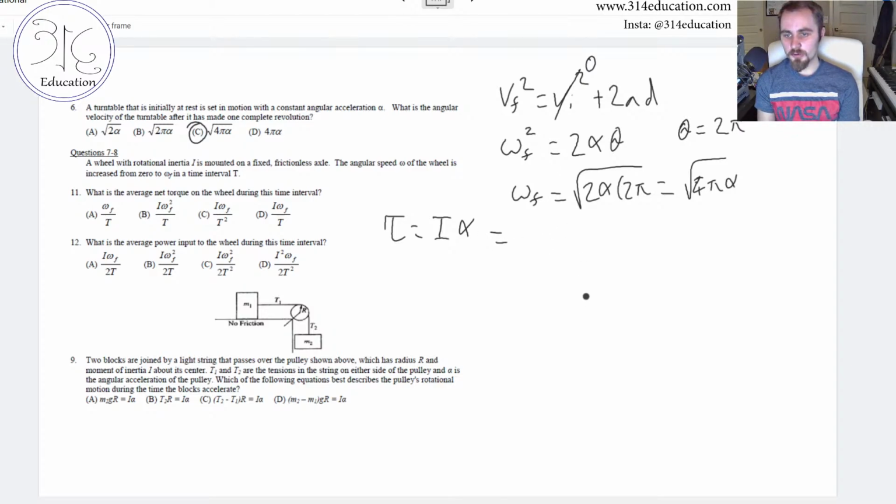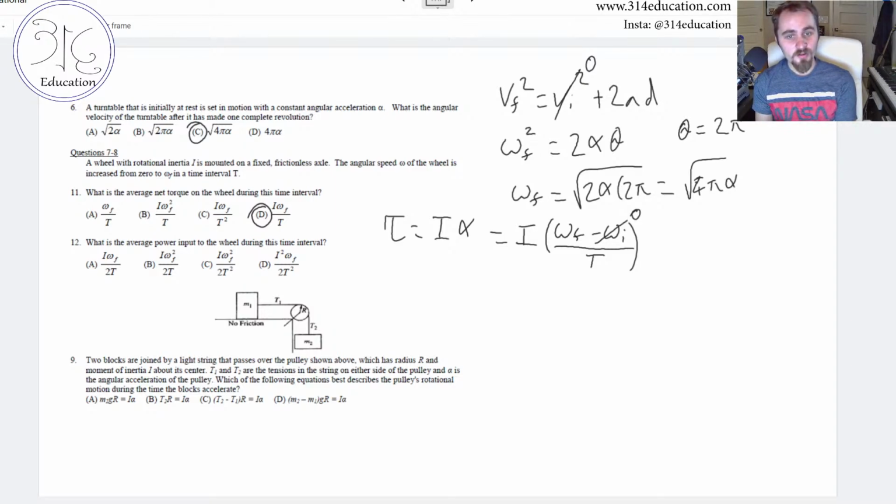We'll pull the I out front still, but our alpha is going to equal our final velocity minus our initial velocity over the time it took us to get there. And our initial velocity was 0. So this is just I omega f over t, which is D. Cool.